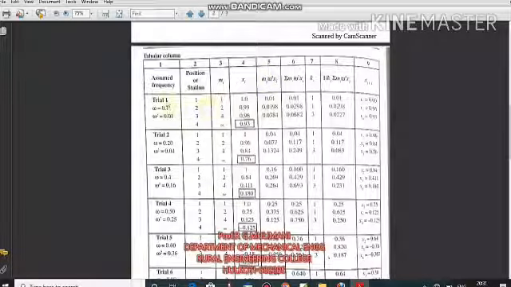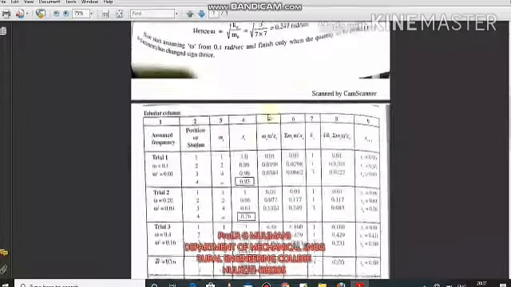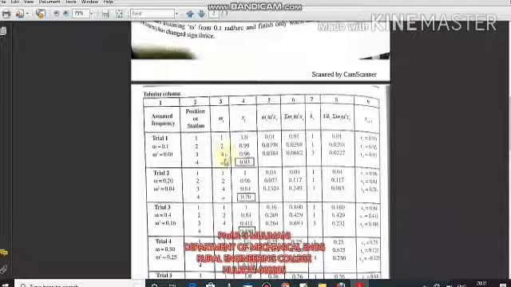What is omega? It is mentioned in the first column, that is omega equal to 0.1, and x_i is the assumed displacement, it is 1 here. The mass we are considering from the free end: 1, 2, 4, infinity.